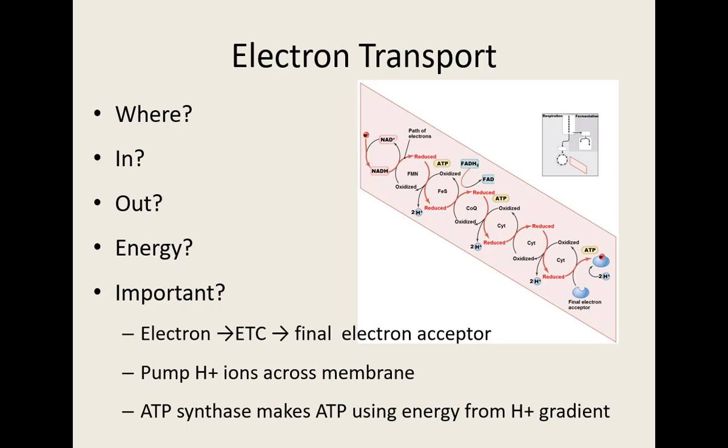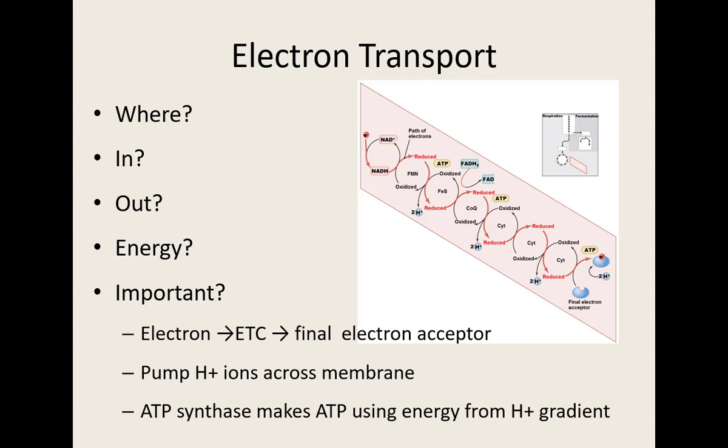How many NADHs have we made along the way between glycolysis, acetyl-CoA, and the Krebs cycle? How many NADHs have we made total? We've made 10, because we had 6 here, 2 there, and 2 there. So 10 NADHs go in.